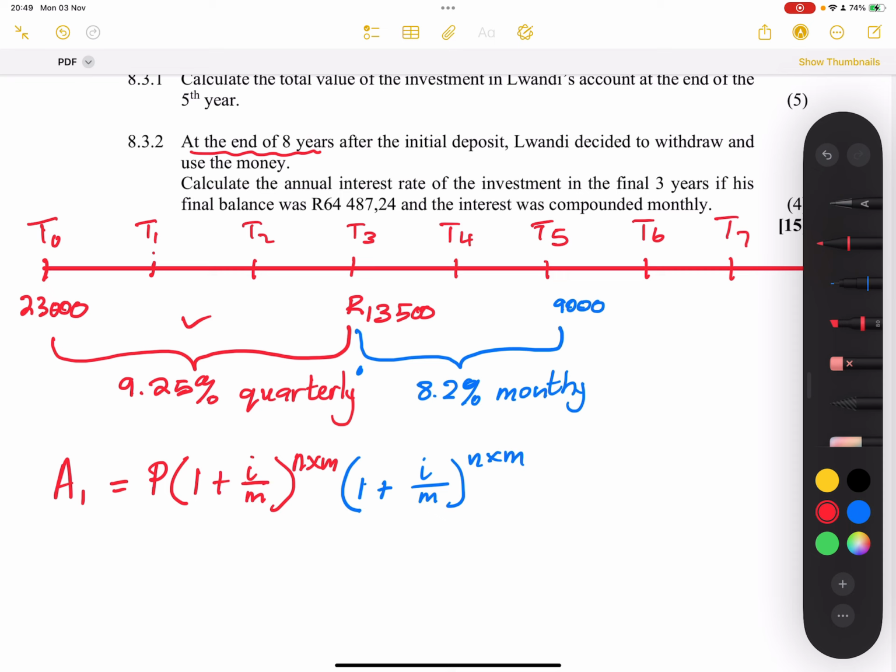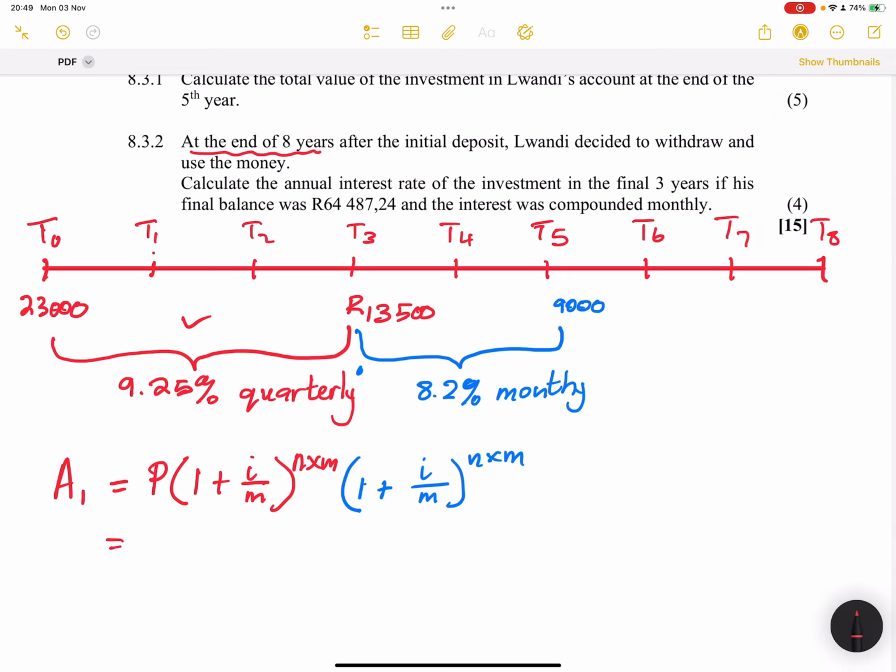So now our investment was 23,000 times 1 plus 0.0925 over 4, that's quarterly, and that will be 3 years.